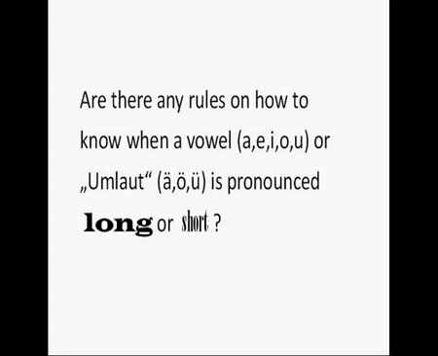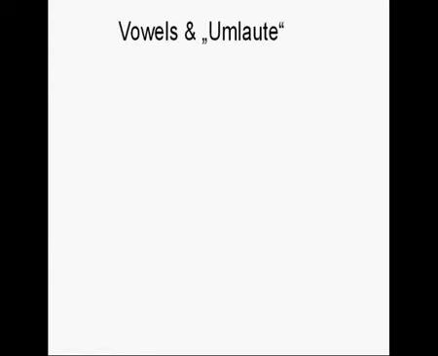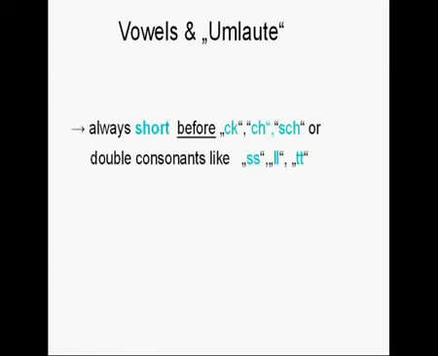So are there any rules on how to know when a vowel like A, E, I, O, U or an umlaut like Ä, Ö, Ü is pronounced long or short? Yes, there are. Always short are the vowels and umlaute before CK, CH, SCH, pronounced like K, H and Sh, or before double consonants like SS, LL, TT.